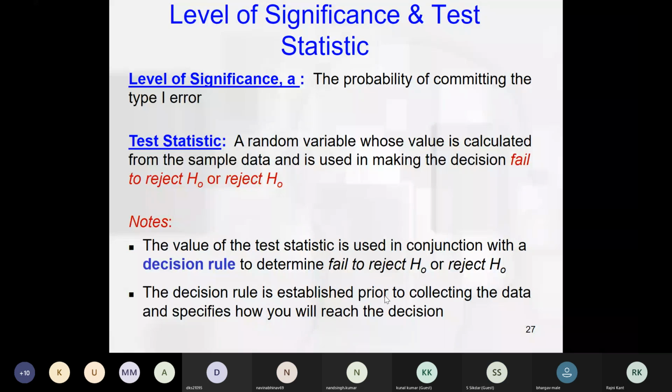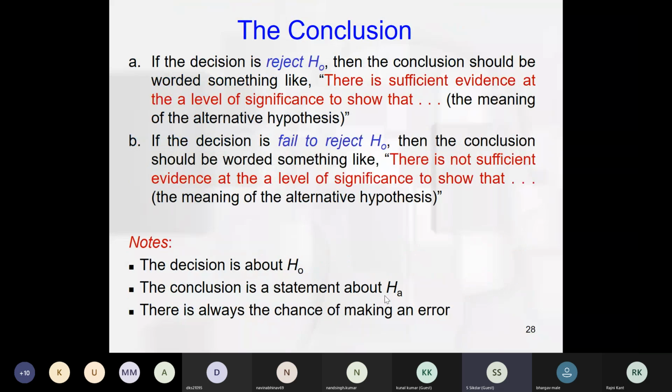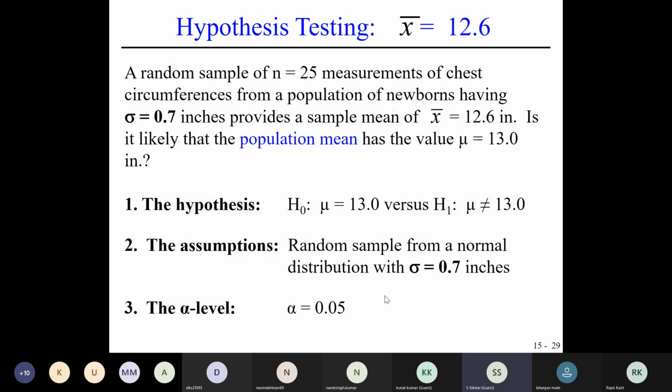Can you hear me? Yes, sir. Okay. Now there are a couple of types of errors. So I'll have to first explain to you what the types of errors are, then only you will understand. Otherwise, this part will not be clear to you.